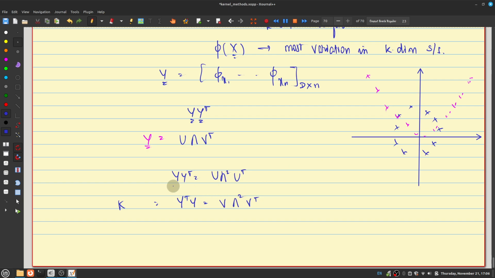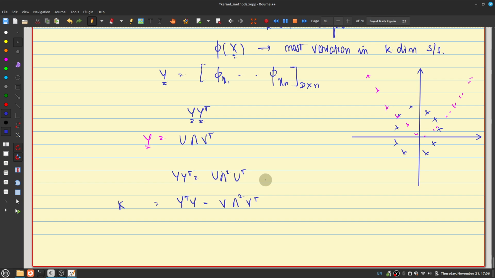The dimensions of Y Y transpose and Y transpose Y could be different, depending on how many data points you have, so one of them is going to have more eigenvalues than the other, and those are going to be 0.